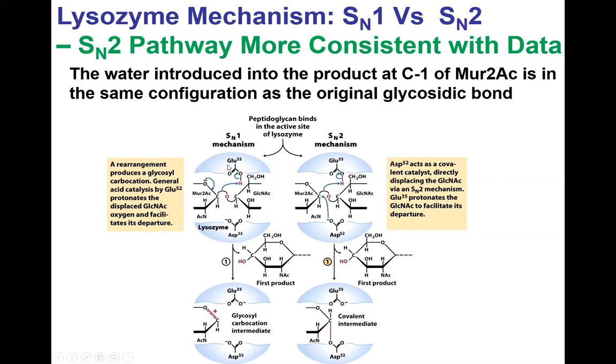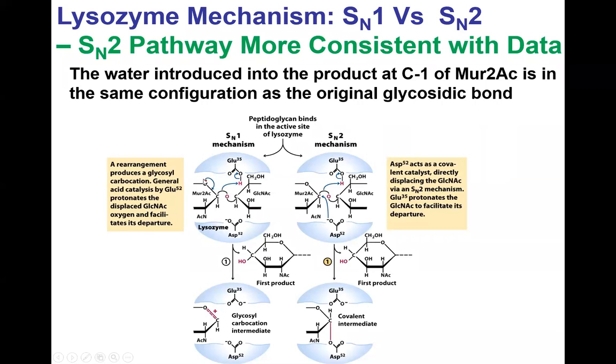In the SN1 type mechanism, you can see there are two residues, one at the bottom of the substrate, aspartate 52, and the other one, glutamate 35, on the top face. And that's your substrate. That's the bond on the top that has to be cleaved. So what he suggested was that the lone pair of oxygen from this N-acetylmuramic acid will delocalize and form a double bond between oxygen and carbon.